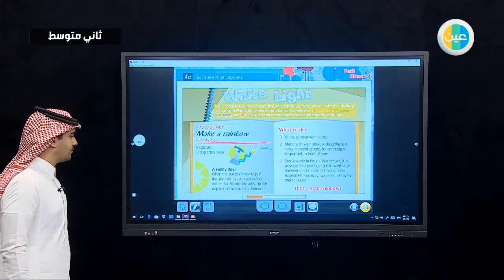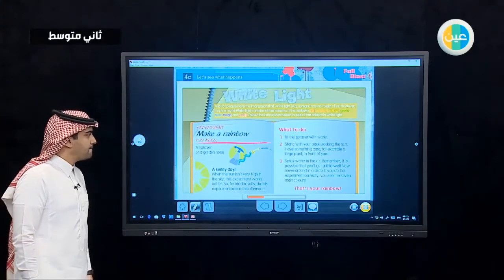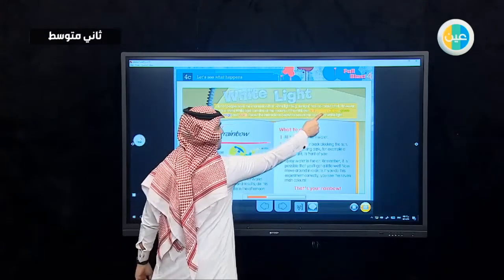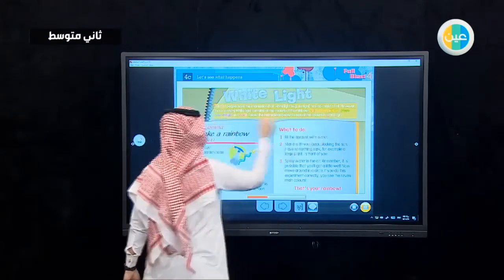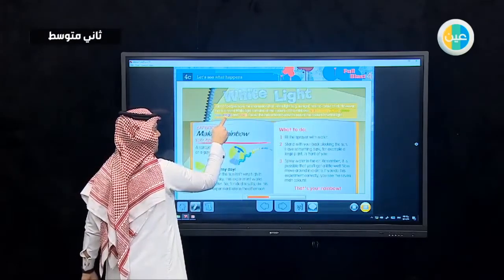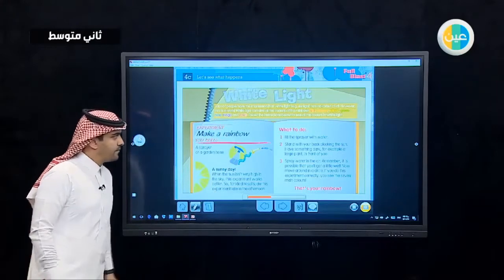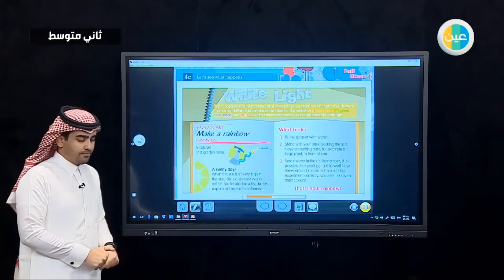However, this is a myth. White light contains all the colours of the rainbow: red, orange, yellow, green, blue, indigo and violet. Follow the instructions below to see all the colours in white light.